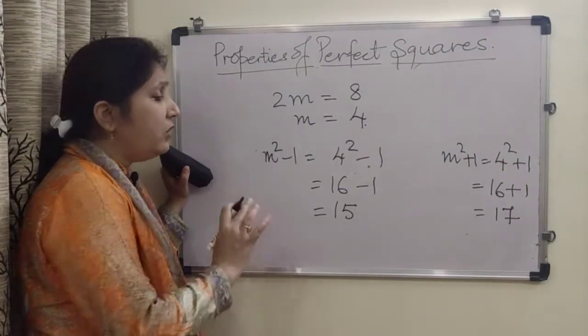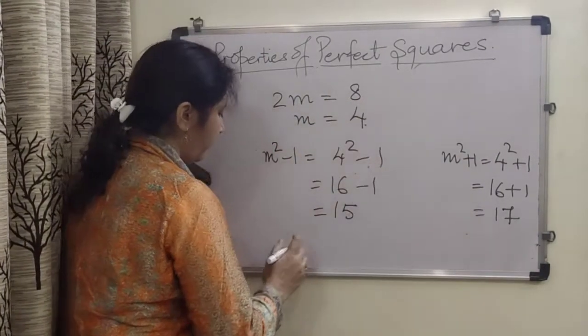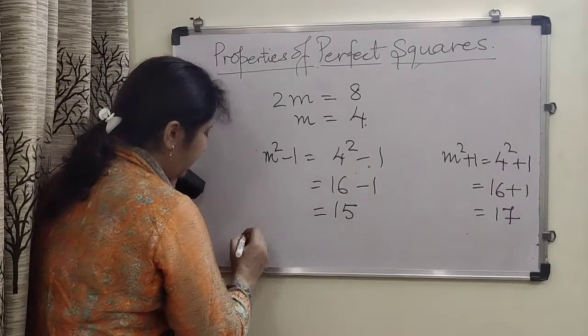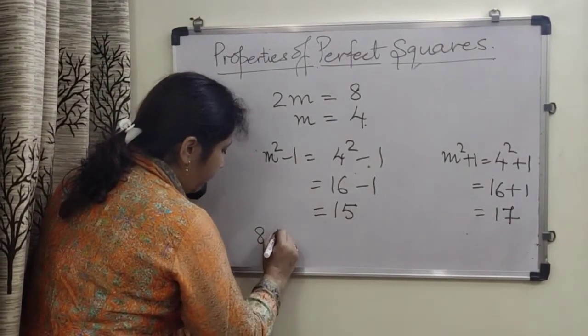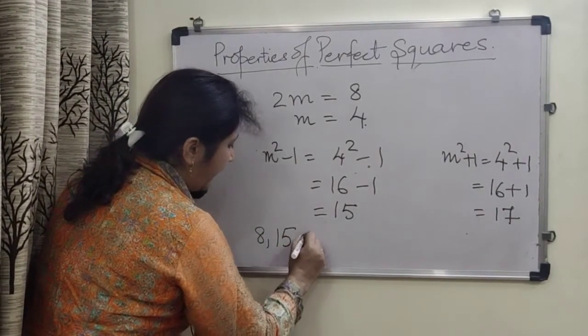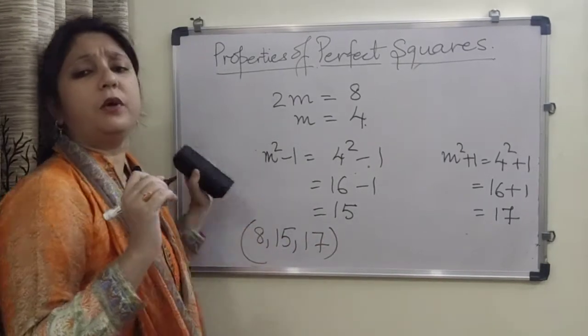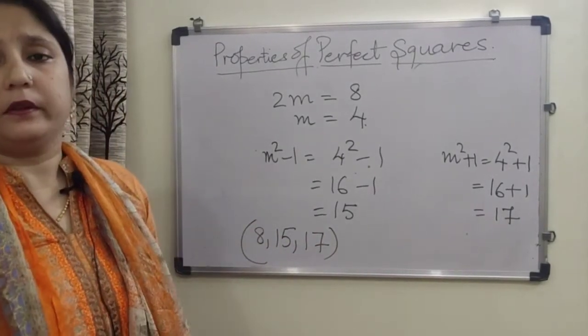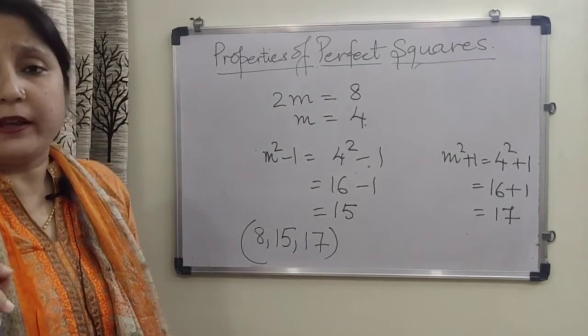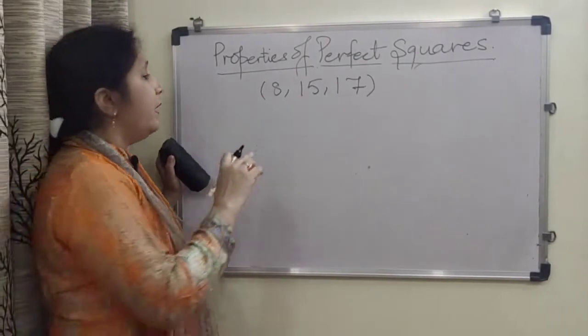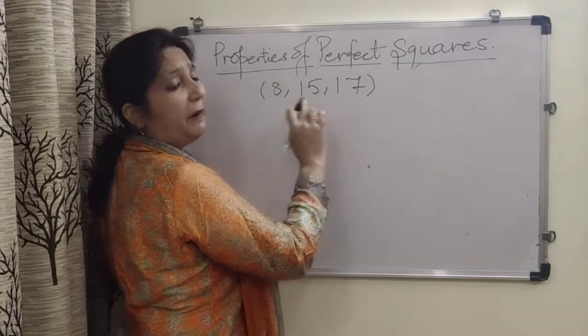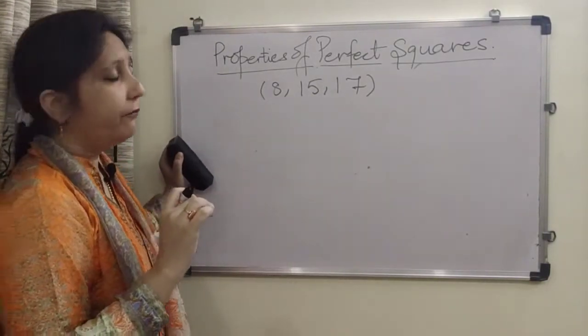Now you can easily check whether 8, 15 and 17 together form a Pythagorean triplet or not. You can check. This is the triplet that we have obtained. Fine.